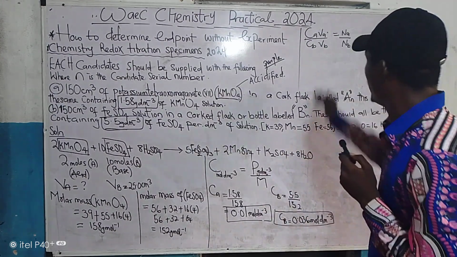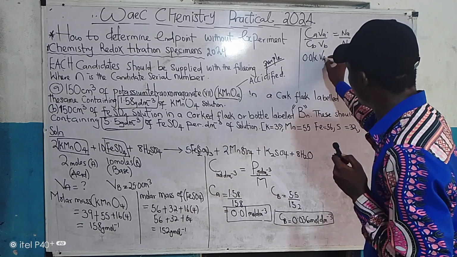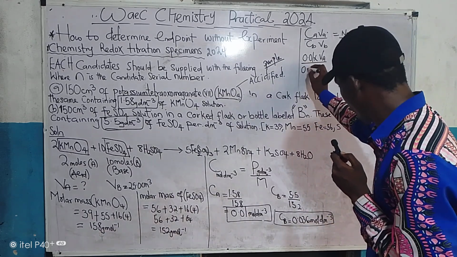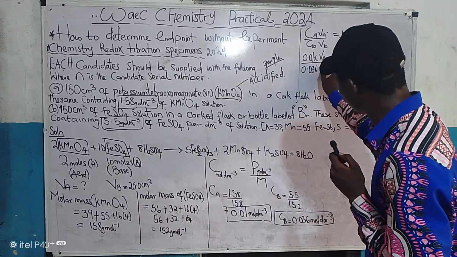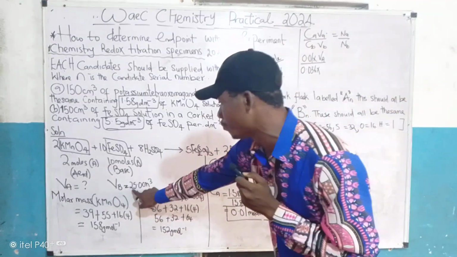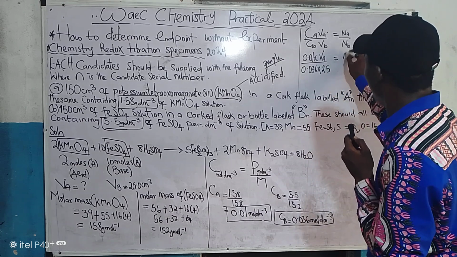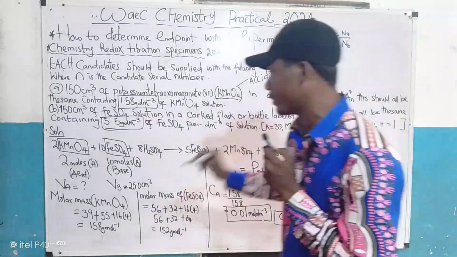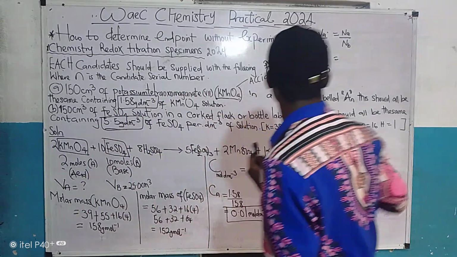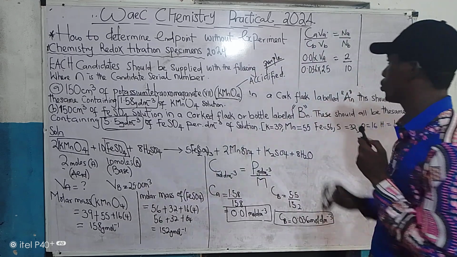Yes. See, I'm here. You have 0.01 times VA. Do I know CB? Yes. 0.036 times VB. Remember I told you that VB is the volume of the base, which is 25. So you have 25 equals NA over NB. What is the number of moles of A? 2. What is the number of B? 10. So you have 2 over 10. Wow. That's interesting.